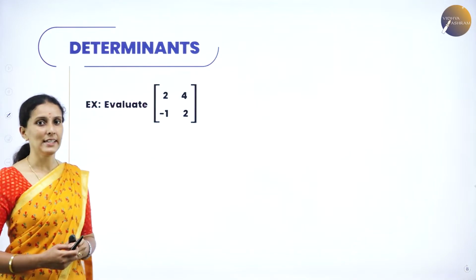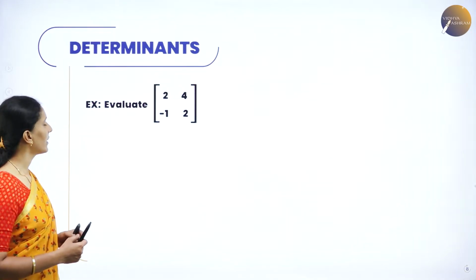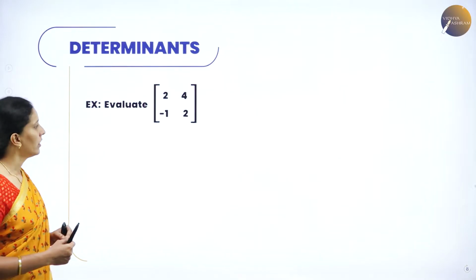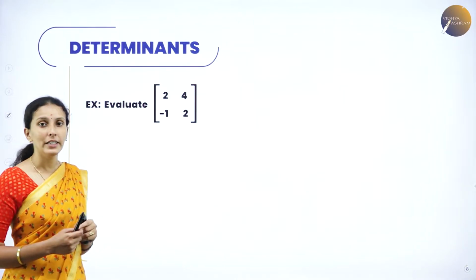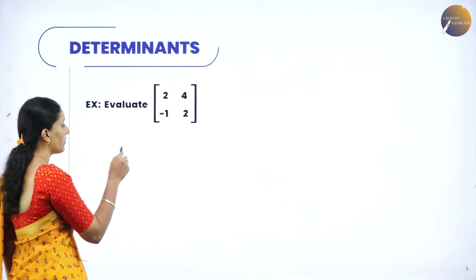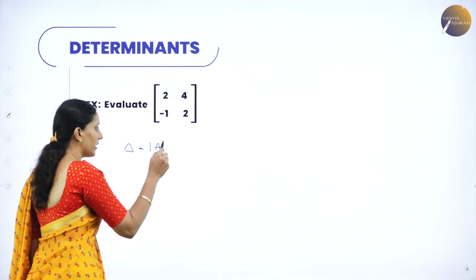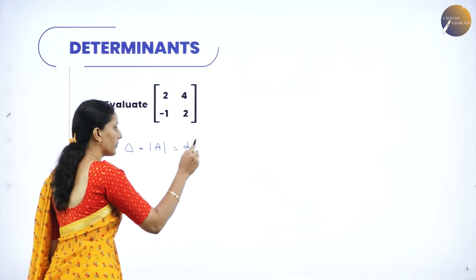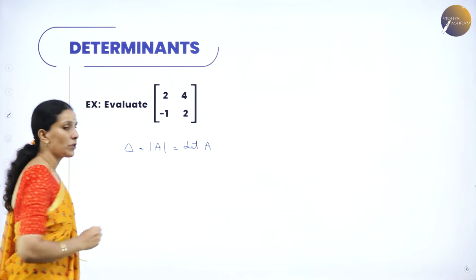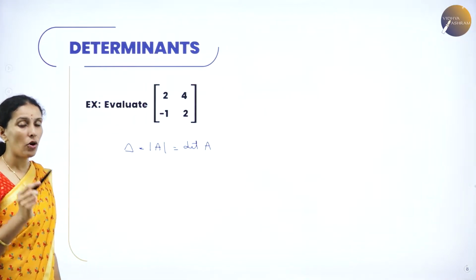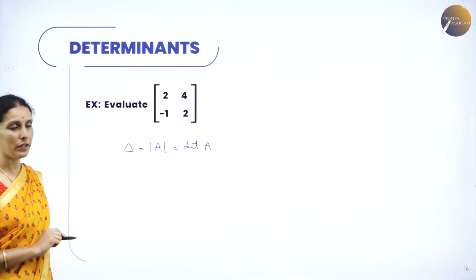Now using this property, let us evaluate the given matrix here. So here we have to find the determinant value. Sometimes we can also denote it by delta or determinant A or det A. So these are all the symbols we use to denote the value of the determinant.